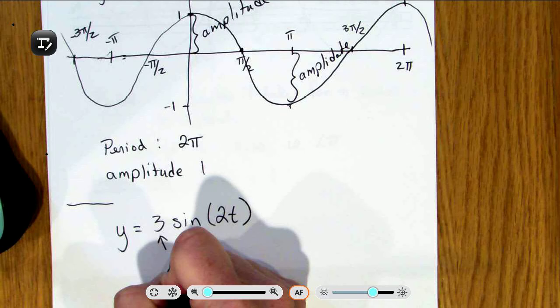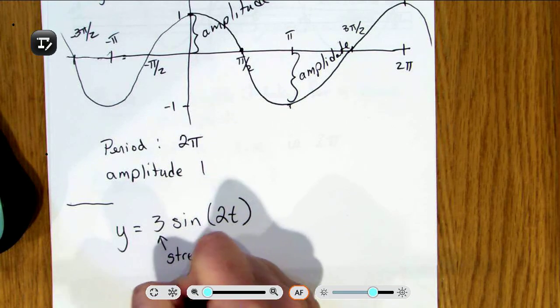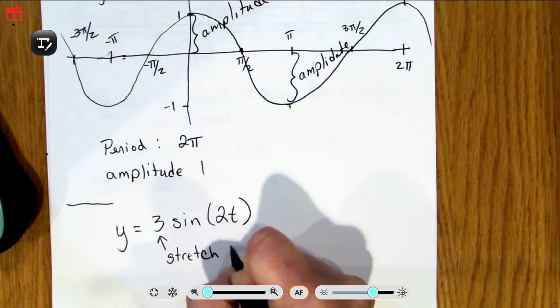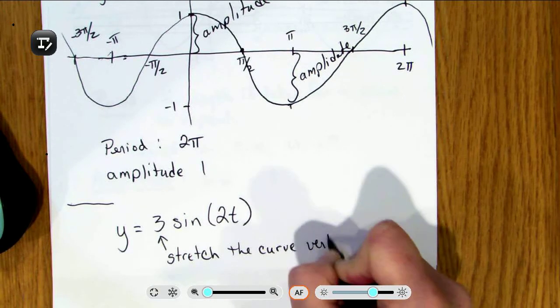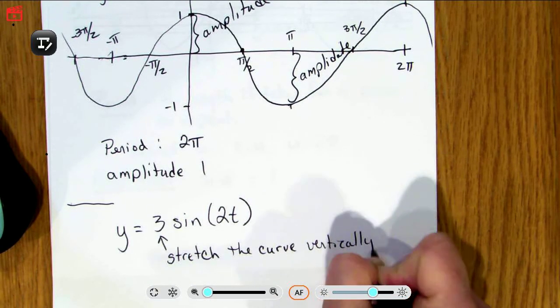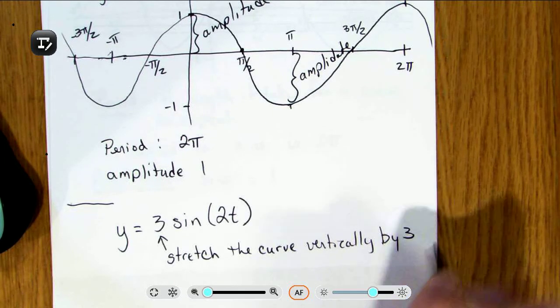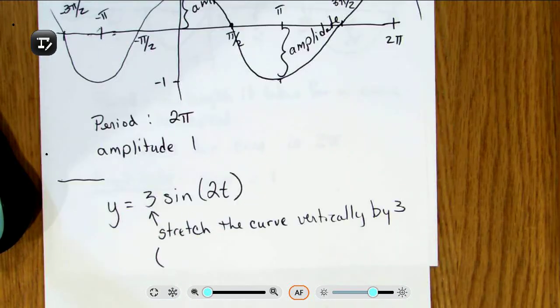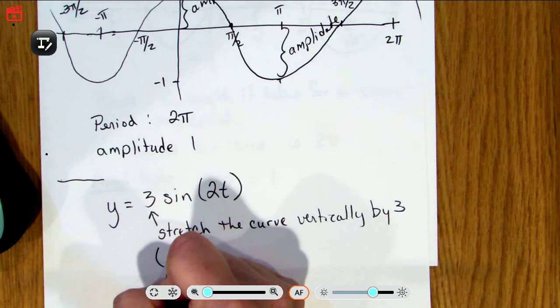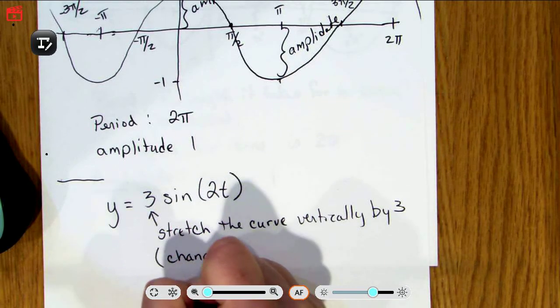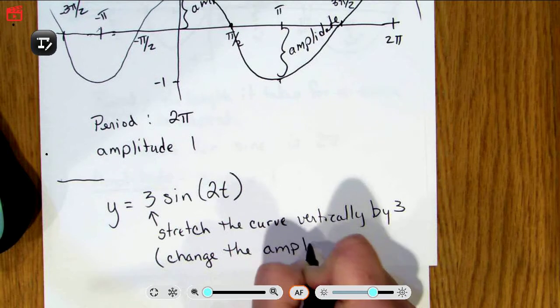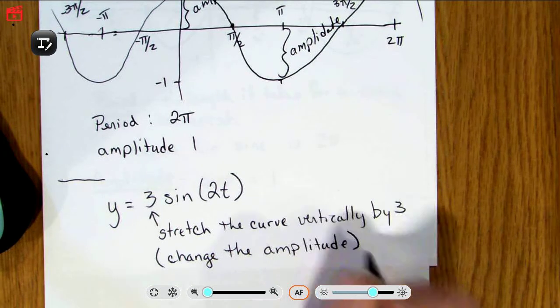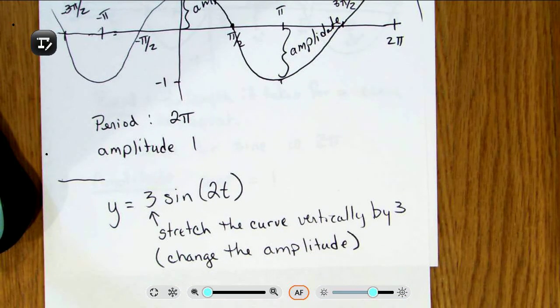So this is going to stretch the curve vertically by 3. A way we like to think of it in terms of sine curves is that it's going to change the amplitude to 3.